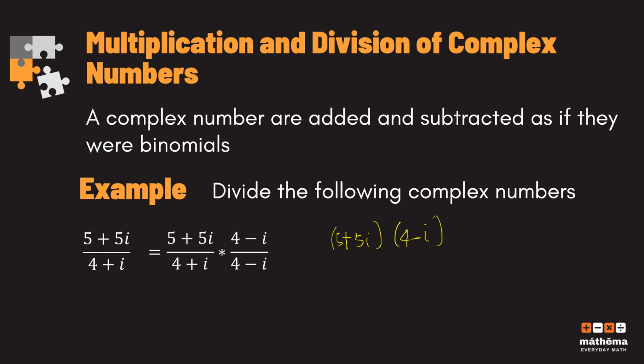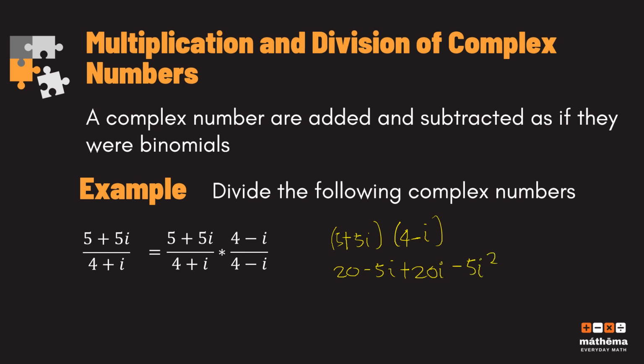Again, FOIL method. 5 times 4 is 20. 5 times negative i is negative 5i. 5i times 4 is positive 20i. And then 5i times negative i is negative 5i squared.